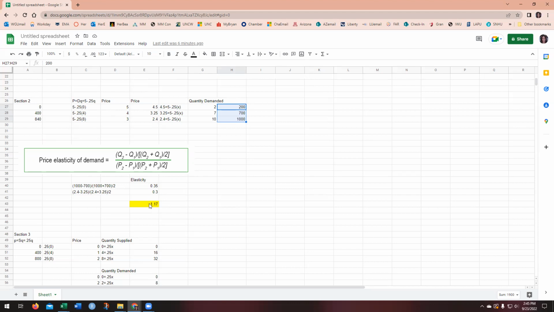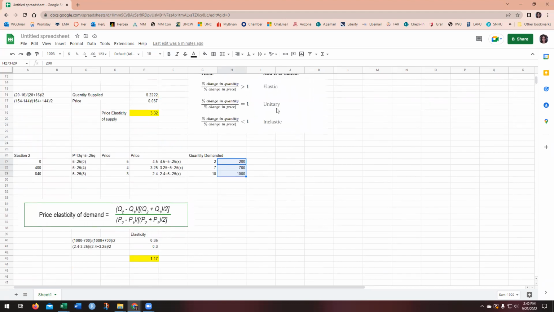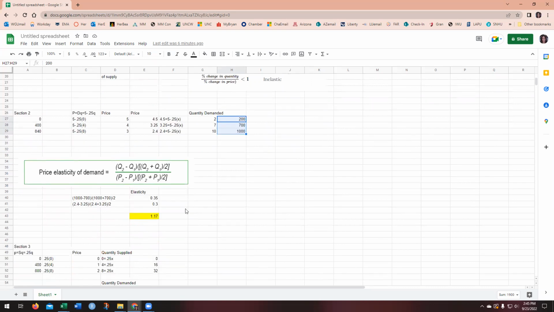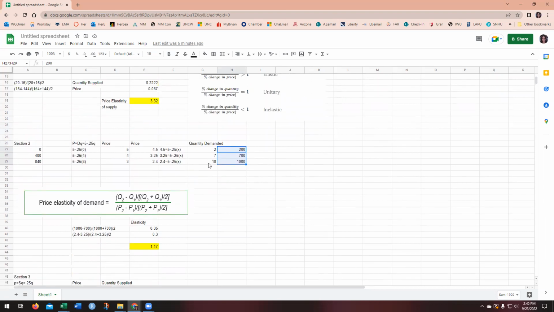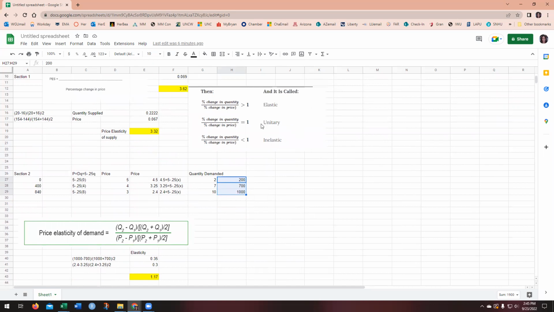We are right at 1. You could call this unitary elastic if you wanted to. You could also say it's slightly elastic. Either one would work here. You're probably going to find it's slightly different depending on which number you use. All I'm wanting to see here is that you can follow this formula out with whatever example you so choose.